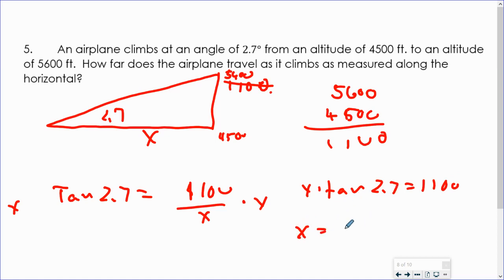Divide both sides by the tangent. So x is 1,100 divided by the tangent of 2.7. So there is 23,325 feet.